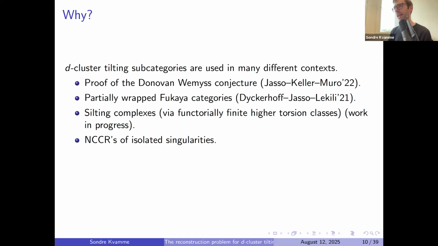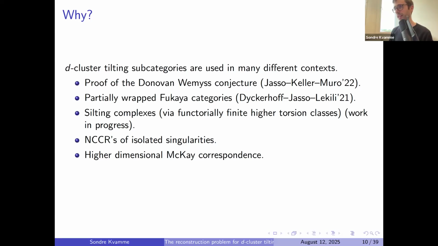Then if you care about NCCRs of isolated singularities, then that's closely related to two-cluster tilting modules. In fact, maximal Cohen-Macaulay NCCRs precisely correspond to two-cluster tilting objects in the category of maximal Cohen-Macaulay modules. They also occur in the higher dimensional McKay correspondence.